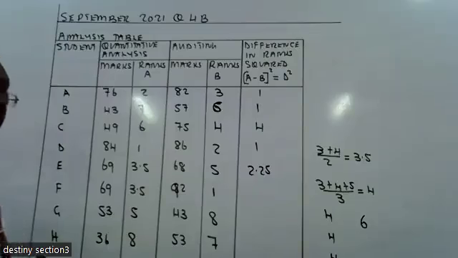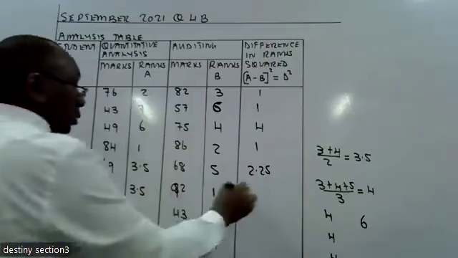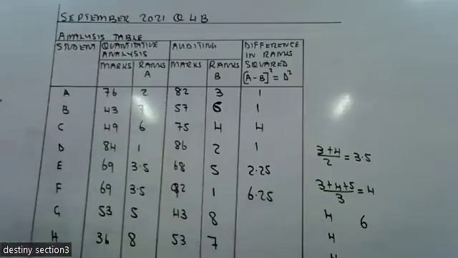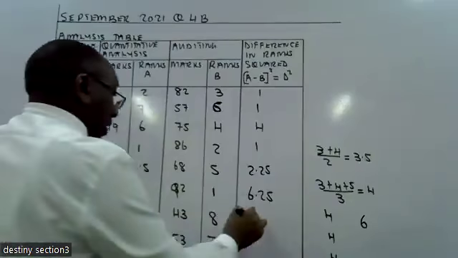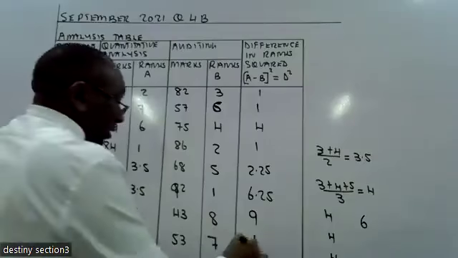3.5 minus 1, 2.5. So you square, 6.25. 5 minus 8, you get negative 3. You square, you get 9. 8 minus 7, 1. You square 1.